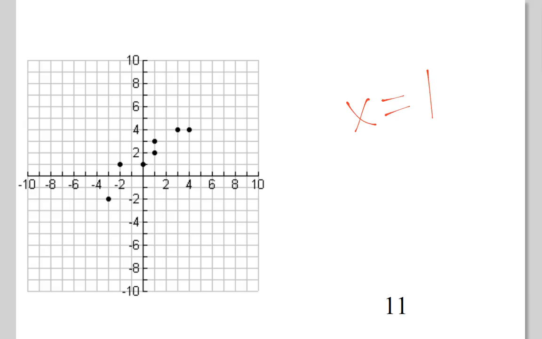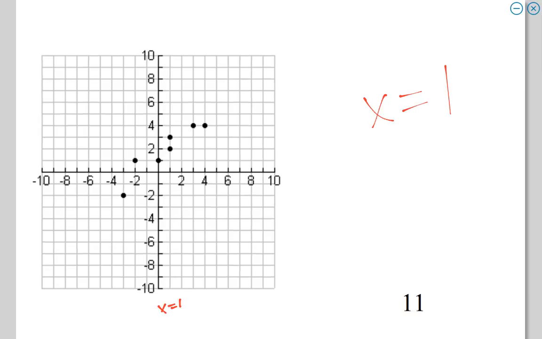Here's x equals 1. It's this grid line. So when x equals 1, you can go up this grid line, and then you see y is 2 or y is 3. Okay? So not a function.